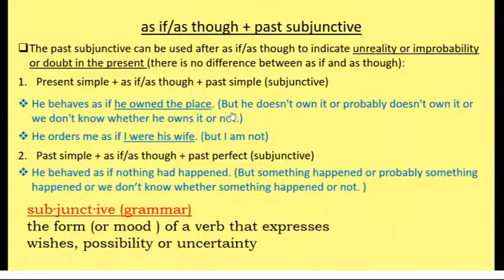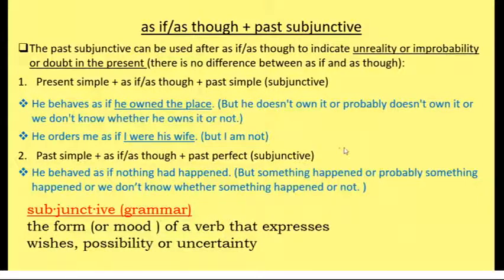But this means he doesn't own it, or probably he doesn't own it, or we don't know whether he owns it or not. That is, this clause expresses unreality or improbability or doubt in the present situation, though the clause is in past tense. Same is the case with the next sentence. He orders me as if I were his wife. But actually, I am not.